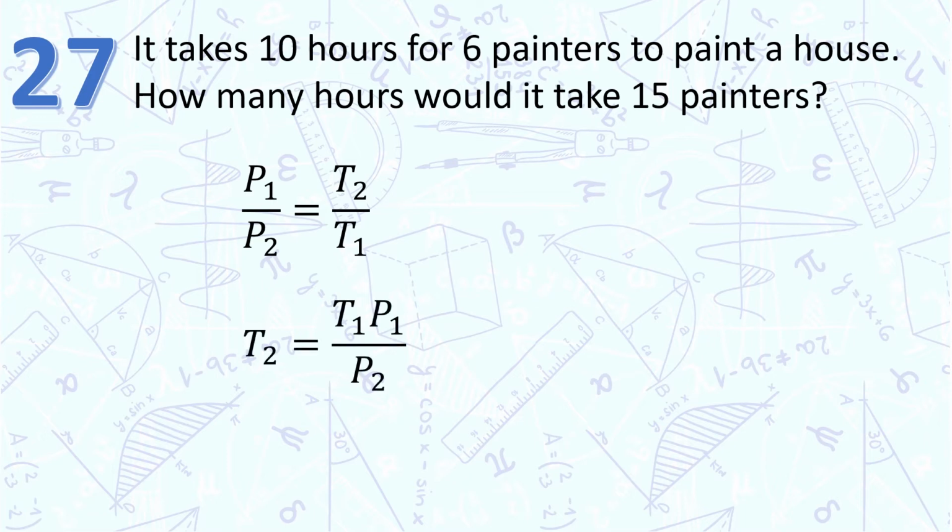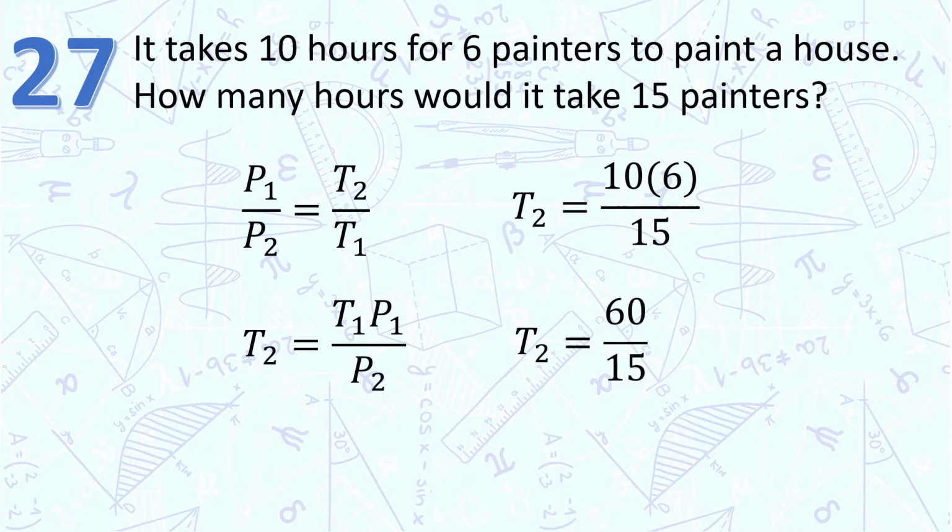Solving for T sub 2, we have T sub 1 times P sub 1 over P sub 2. Then let us substitute the values. T sub 1 is 10, P sub 1 is 6, and P sub 2 is 15. So T sub 2 is equal to 10 times 6 over 15. That is 60 over 15. Then it would take 4 hours.